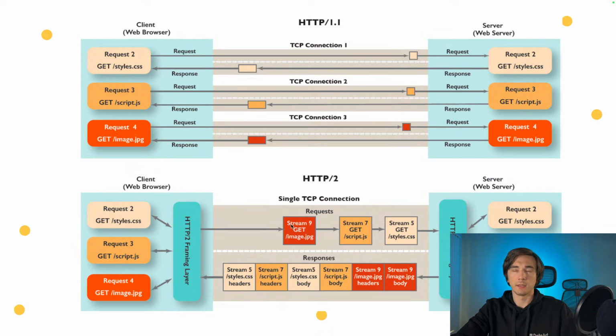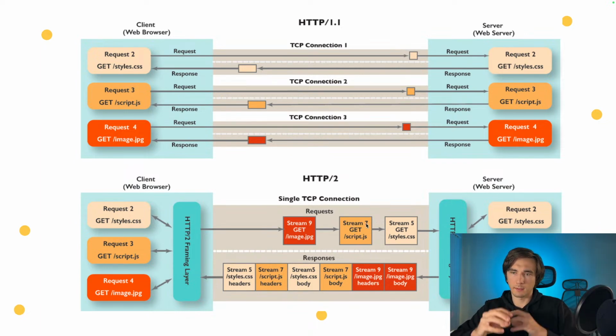Here it is visualized as separate blocks, like stream 9, stream 7, stream 5, but you should understand that each single block is actually multiple blocks, because this picture is split into chunks, and it sends the first packet for stream 9, the first packet for stream 7, and so on.